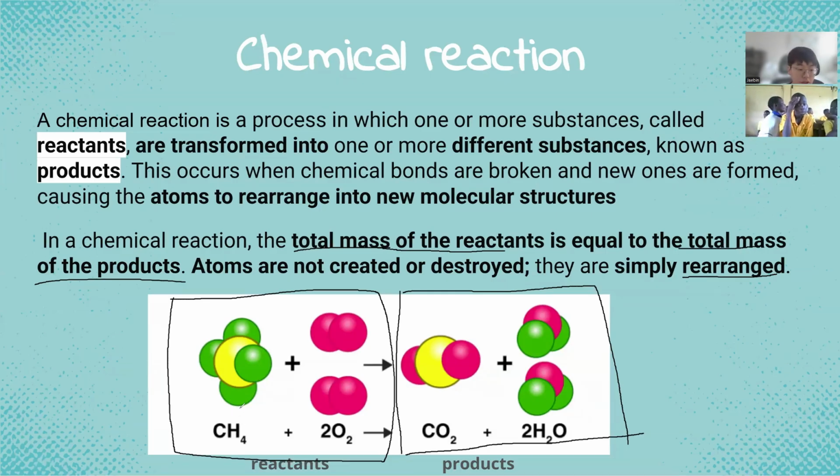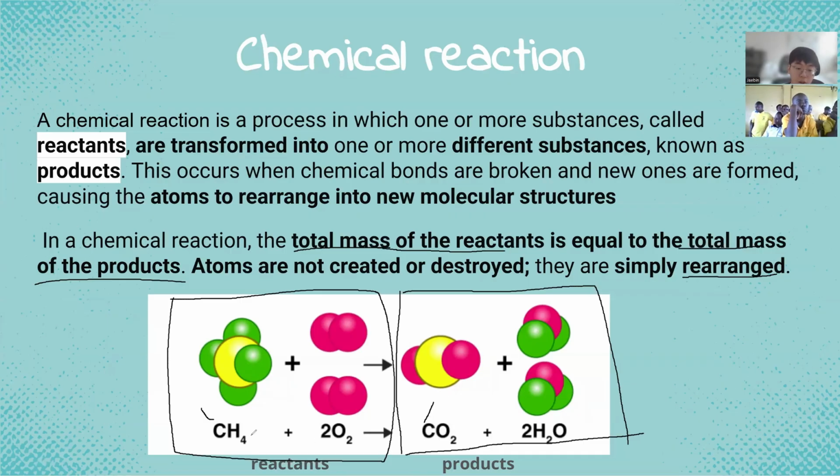To make sure that atoms are neither lost, destroyed, or created, we can count. There is one carbon on the left, there is one carbon on the right, so that is equal.